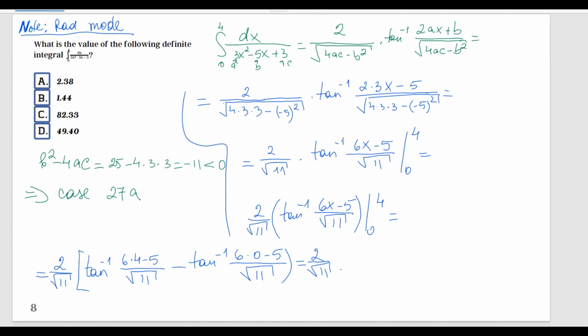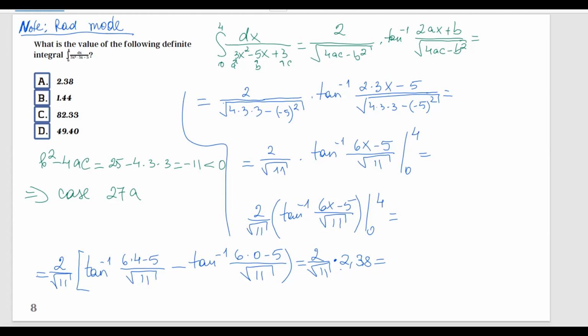So I have 1.4 minus minus. So this is going to become plus. All right. So I'm getting here multiplied by. So this entire parenthesis gives me a value of 2.38, equals. So let's see now. 2 multiplied by 11 square root divided.